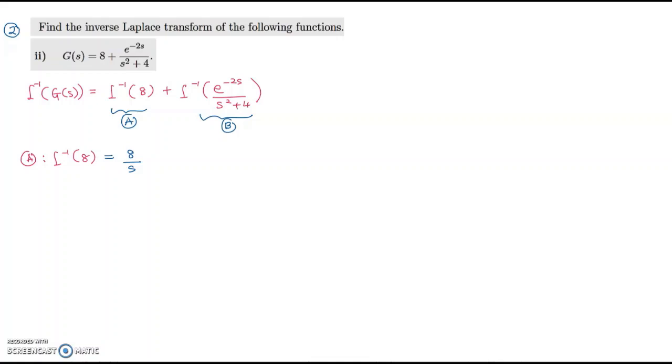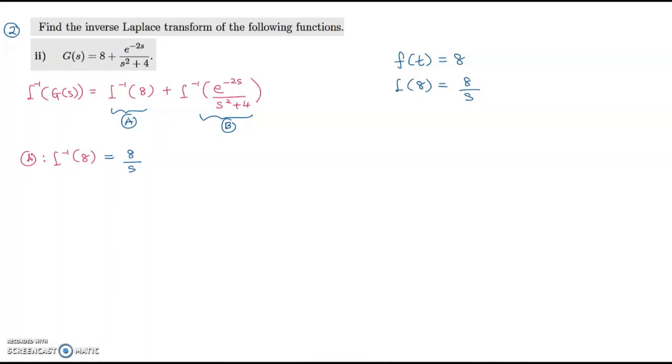The students get confused. Before this, in the first part, you were given f(t) equals 8 and asked to get the Laplace transform of 8. Then yes, this is 8 over s. But now it is the other way around: you need to get the inverse of 8.